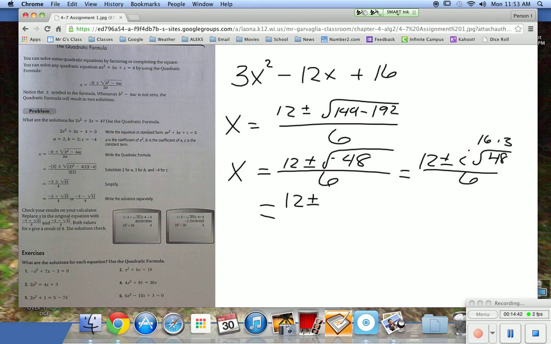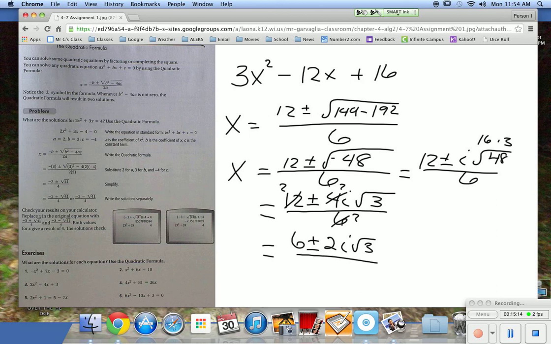So I'm going to pull that 16 out. That's an i. That means it's an imaginary number, because we can't take the square root of a negative, can we? Over 6. Divide 2 in each one of these. And we have 6 plus or minus 2i square root of 3 over 3. And that's as far as you can go with it.